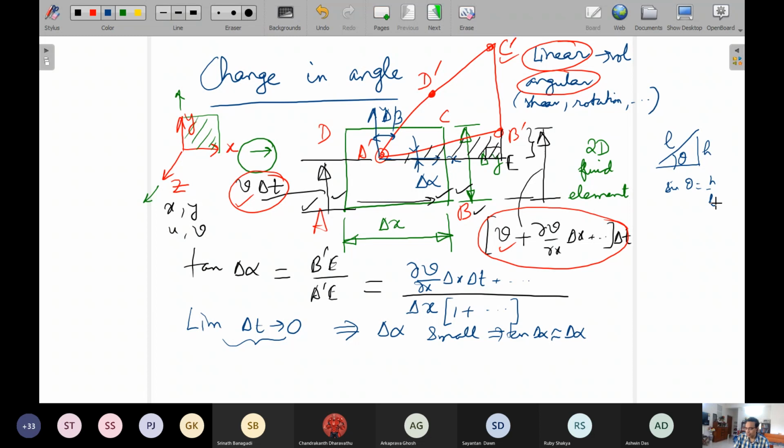So when you want to get an expression for theta, instead of doing this construction, you draw an arc of a circle and you write theta equal to the length of the arc S by the radius, which is L, the same.